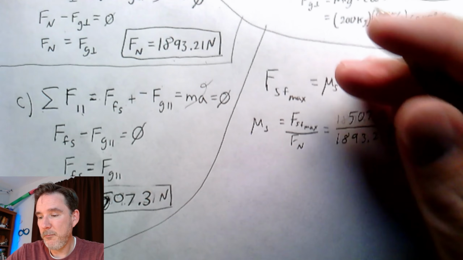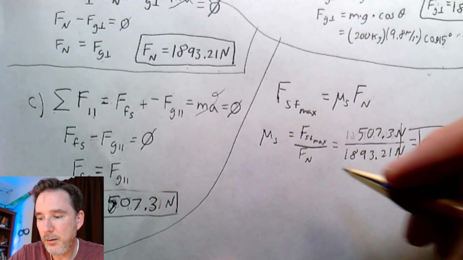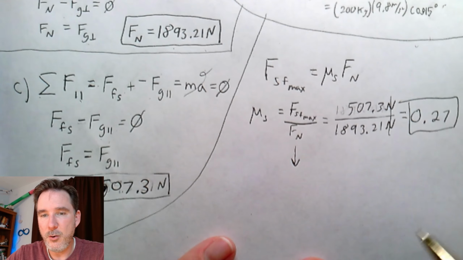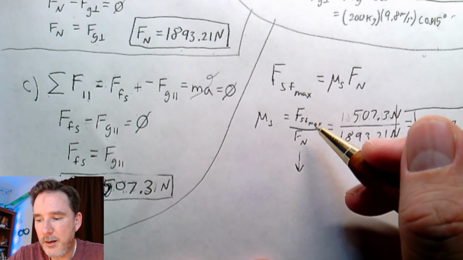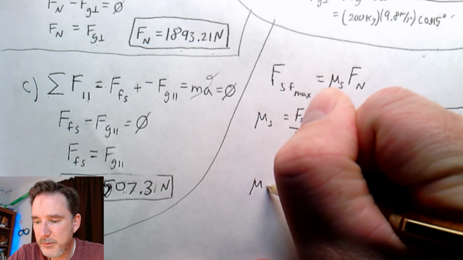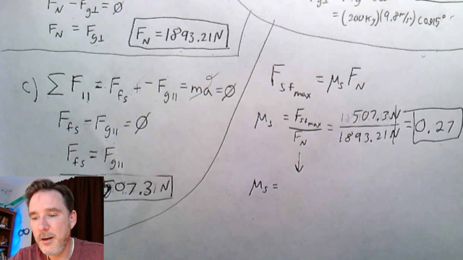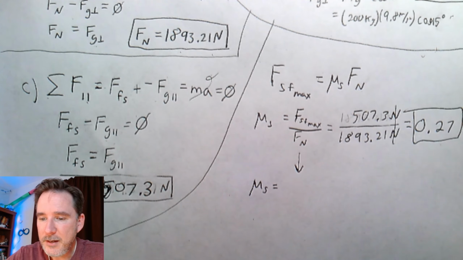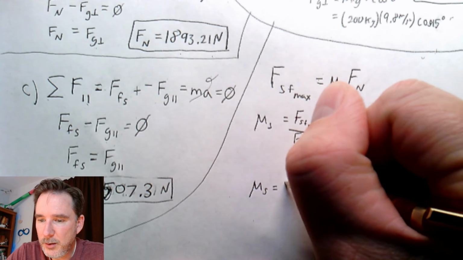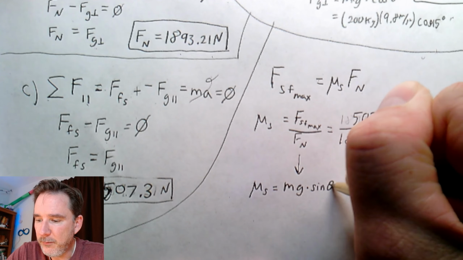Bonus. Let's say we didn't do any of those calculations previously. If we instead didn't know the answers to those, then static friction is equal to the force of static friction max divided by the force of normal. How did we calculate that? Well, we took mg, if you remember from up above, times the sine of theta.